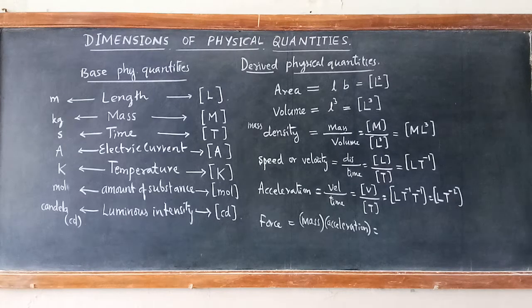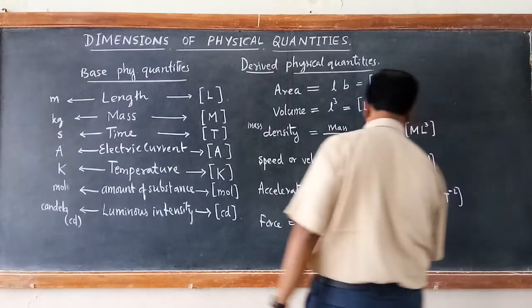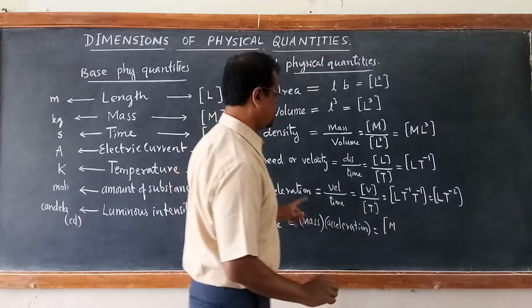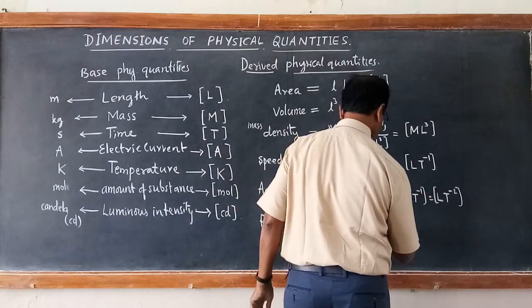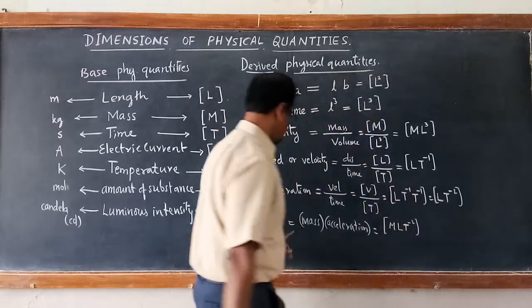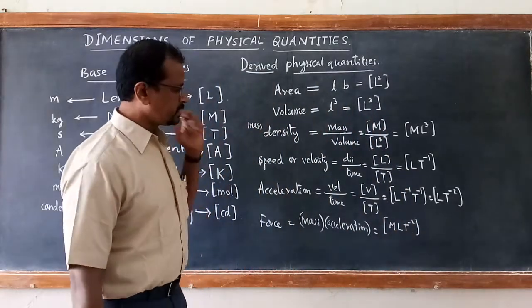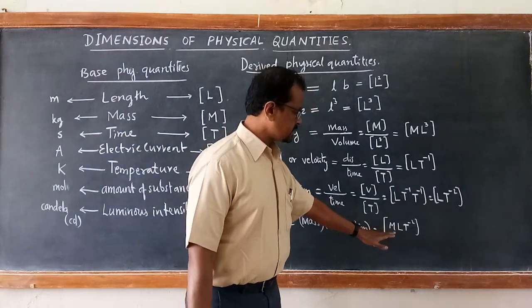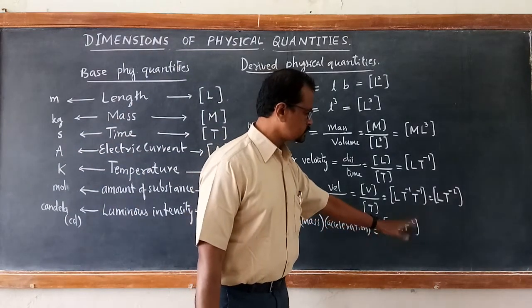Dimension of mass, capital M. Dimension of acceleration, just now we found, L T raised to minus 2. So the total dimension of force in terms of base physical quantities is expressed as M L T raised to minus 2.